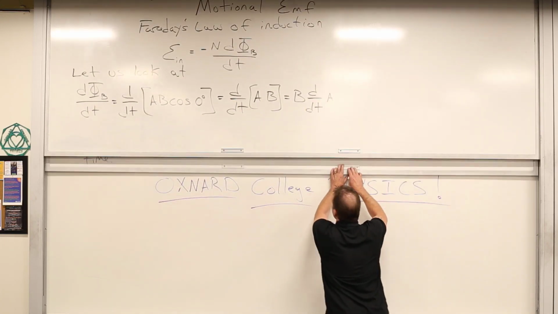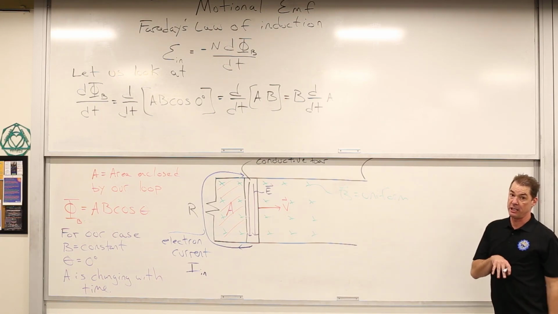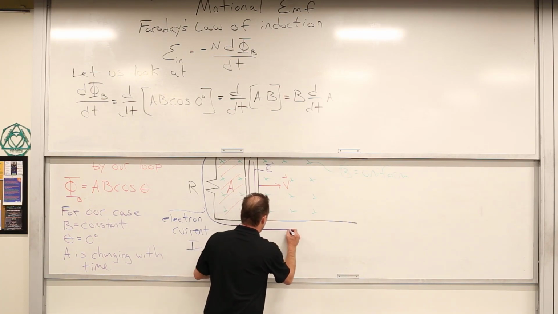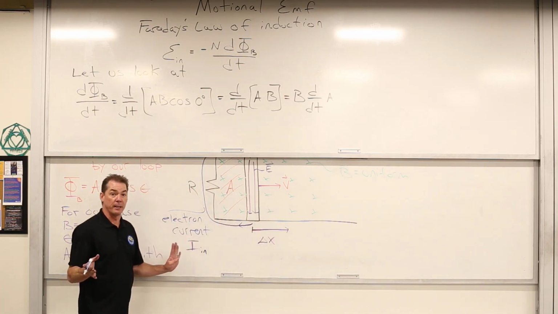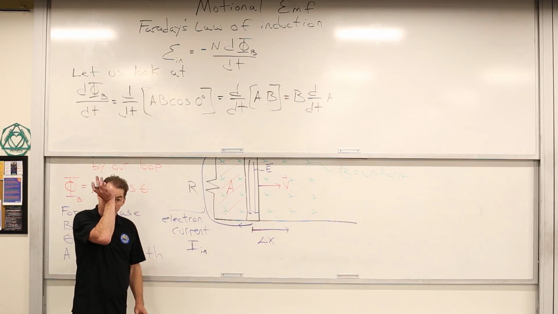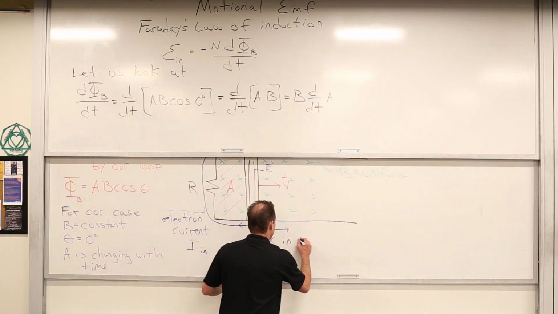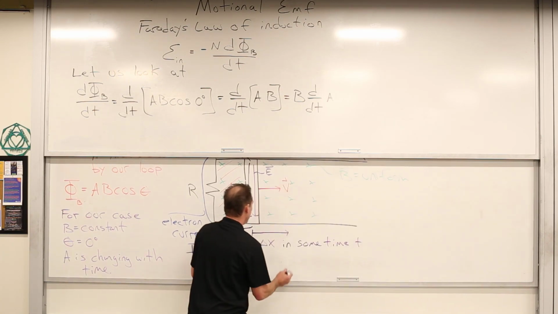Come back up here just really quick and think about how this area is changing with respect to time. This bar will undergo some displacement due to its velocity, right? It'll undergo that displacement in some amount of time. So we'll say that it undergoes some displacement in some time t.